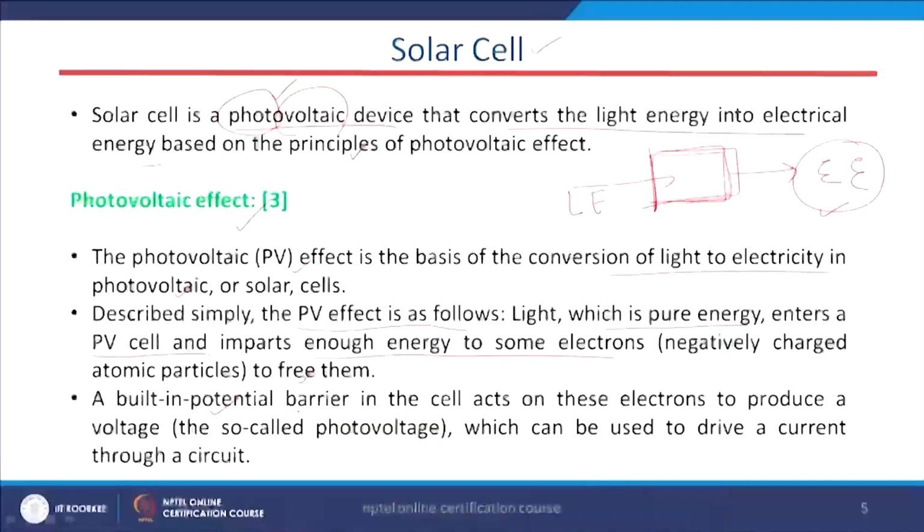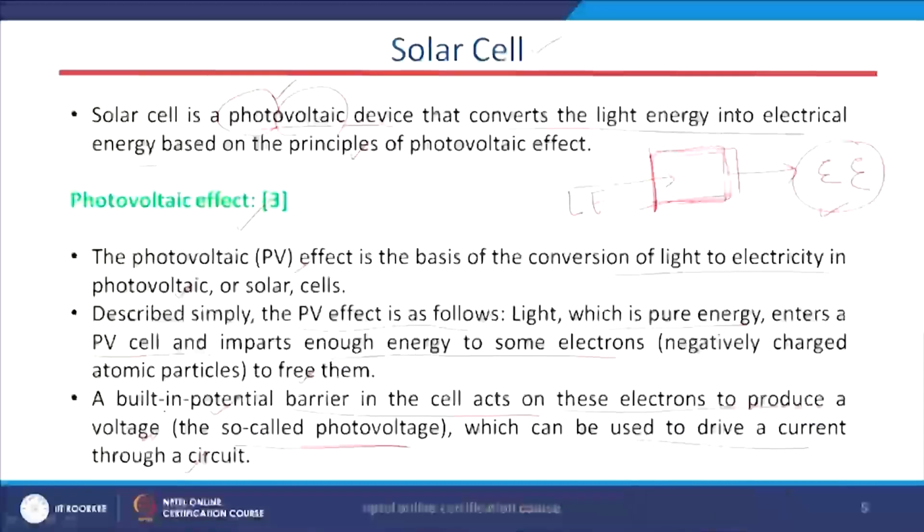A built-in potential barrier in the cell acts on these electrons to produce a voltage, the so-called photovoltage, which can be used to drive a current through a circuit. Basically, this voltage will drive a current through a particular load, the load which is connected across the terminals of this solar cell.